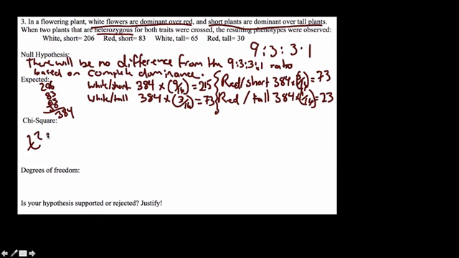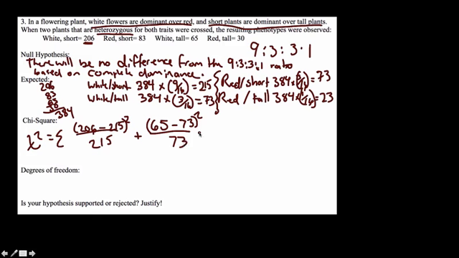So chi-square equals the sum of, so we have 206, which is what we got for the white short. So 206, the observed, minus the expected of 215 squared divided by 215, plus we have next the 65 white tall. So 65 minus 73 squared divided by 73, plus, then we do red short.